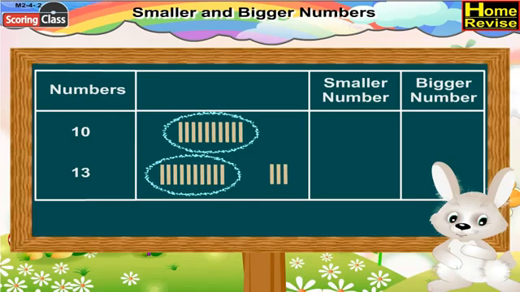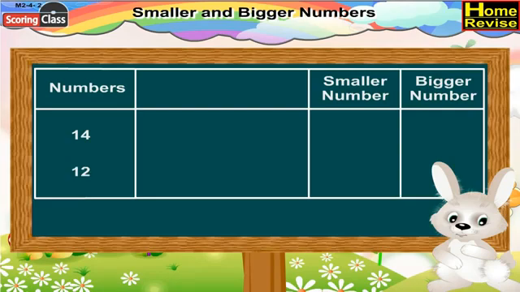Well, in number 10, after encircling the 10 lines, no line remains. In number 13, after encircling the 10 lines, 3 lines remain, which means 3 is bigger than 0. So 10 is a smaller number and 13 is a bigger number.